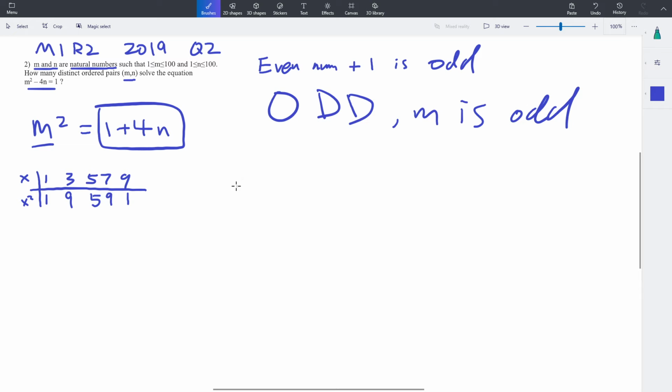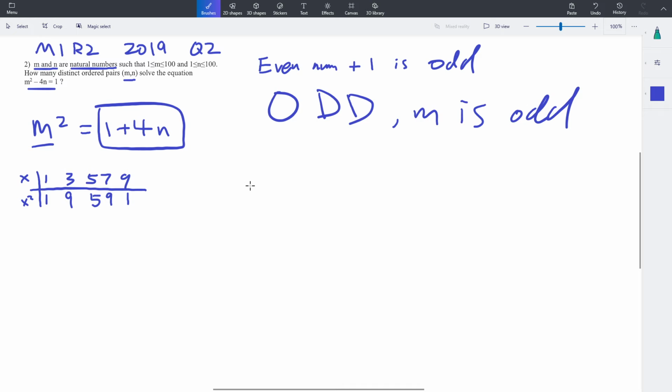So we've kind of reduced our space down to like 50 numbers. How can we reduce it further? Well, 4n plus 1, what is that kind of saying?